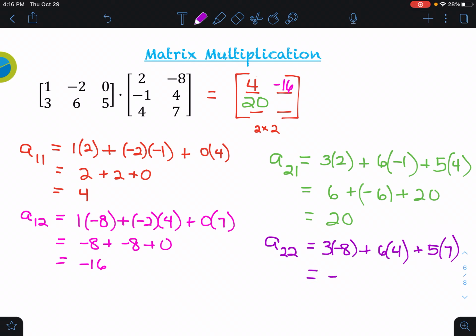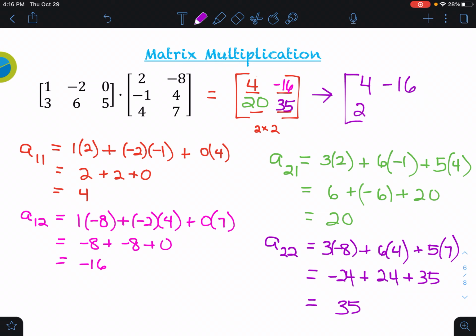Okay, so this gives me negative 24 plus 24 plus 35. And that's 35. All right, and that goes in that address as well. So 35. So my answer is 4, negative 16, 20, 35. And there we go. You've just done matrix multiplication. Hopefully that makes sense. See you later.